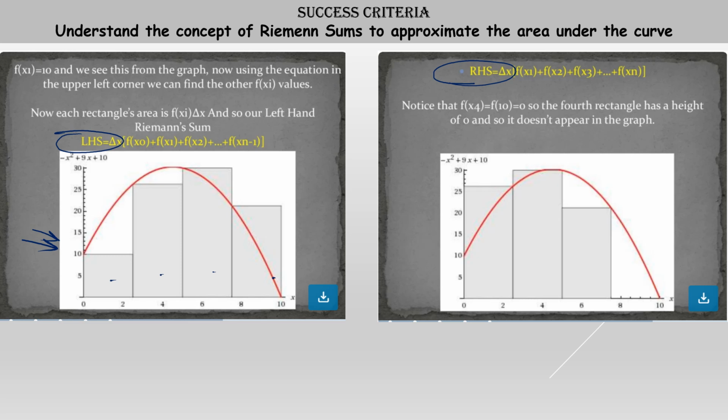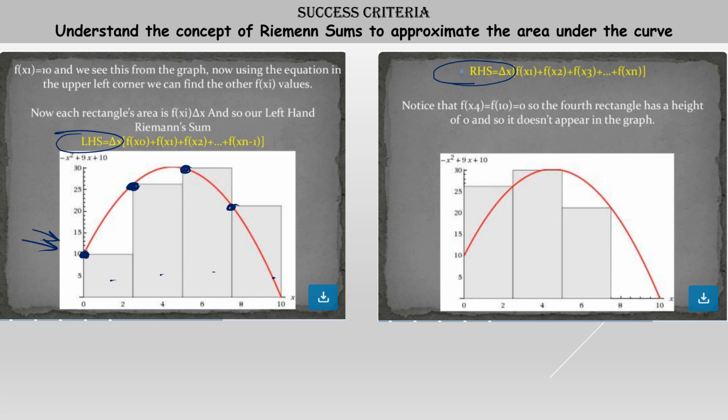For the left hand, we will take the left points of each rectangle to calculate the height, and the rectangles are made so that the left side of each rectangle is at the edge of the curve.